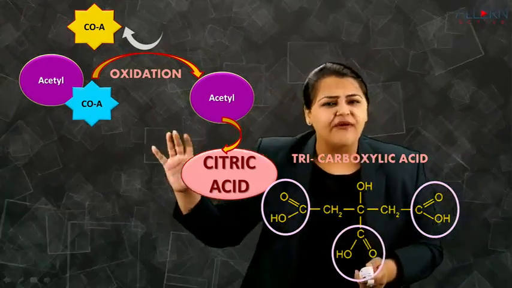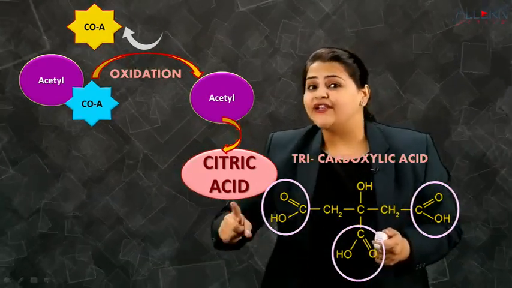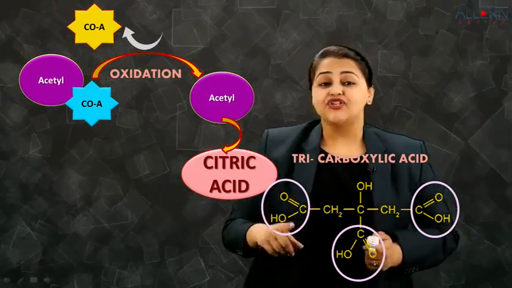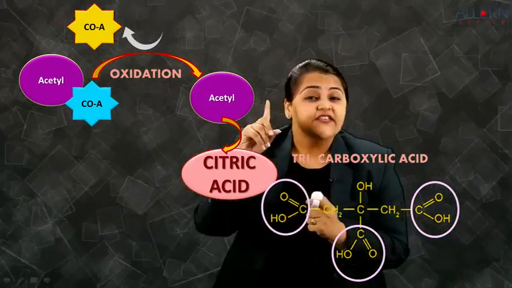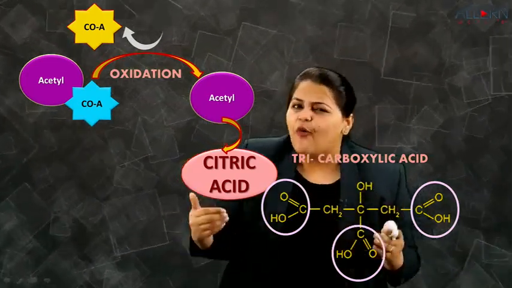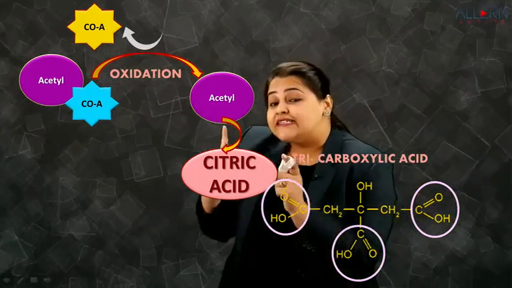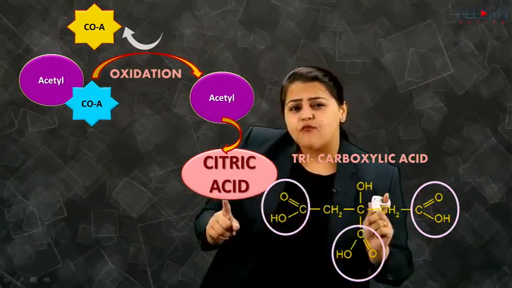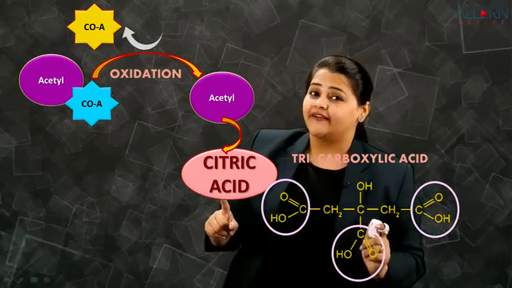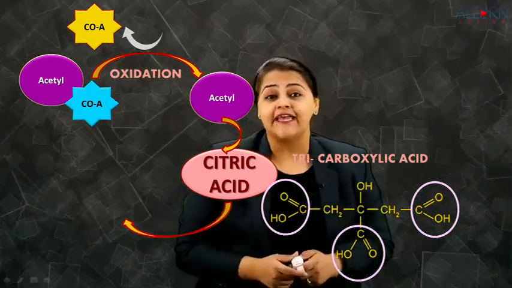So if there's a question of why the Krebs cycle is called the citric acid cycle, then the answer is that citric acid is the first stable product of the Krebs cycle. And why is it called the tricarboxylic acid cycle? Because citric acid contains 3 carboxylic acid groups.